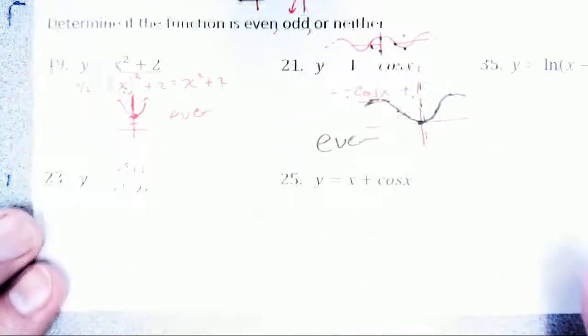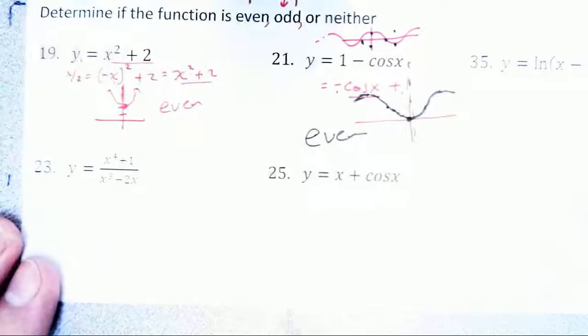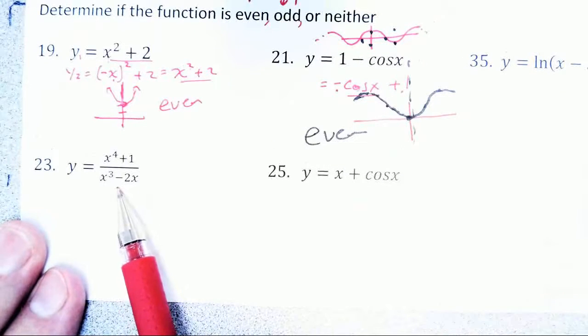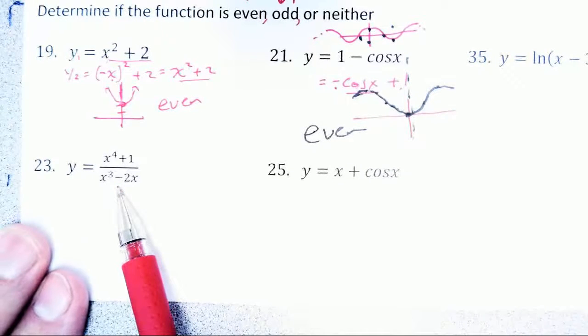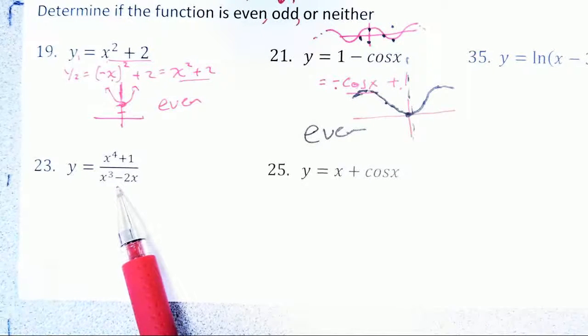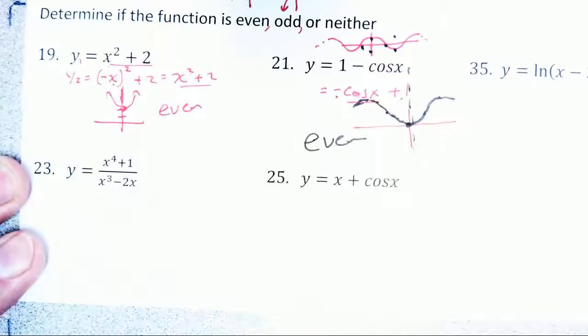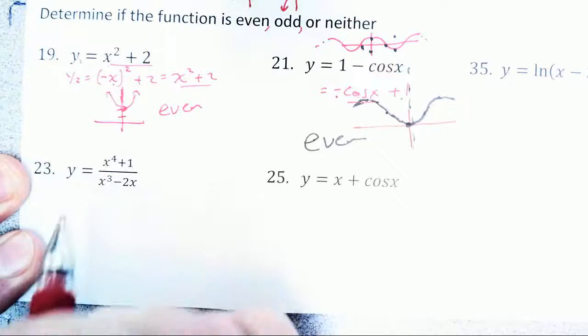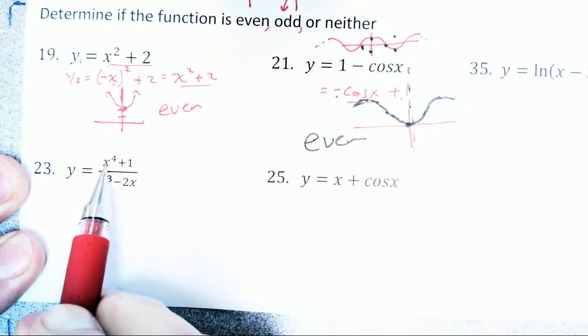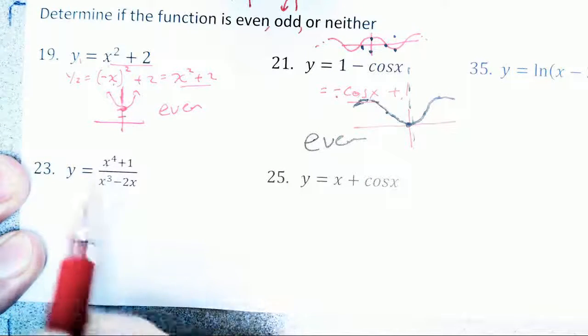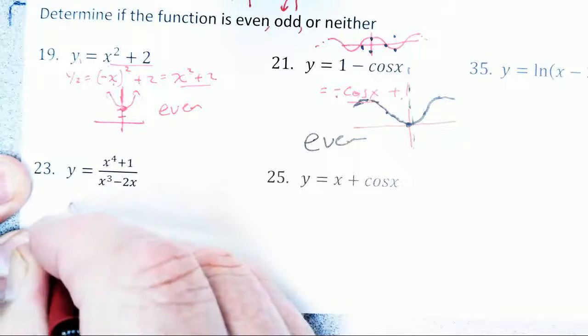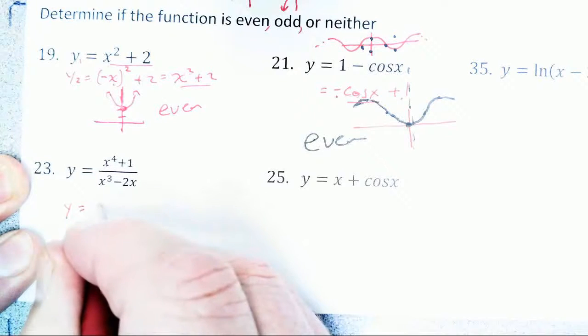Okay, so this guy, it might take me a while to figure out what this graph looks like, so I'm going to do this from an algebraic perspective, kind of like what I did here on 19. Let's consider x as a positive value. I know when I put a positive value in, I get this. When I put a negative value in, let's see what happens.